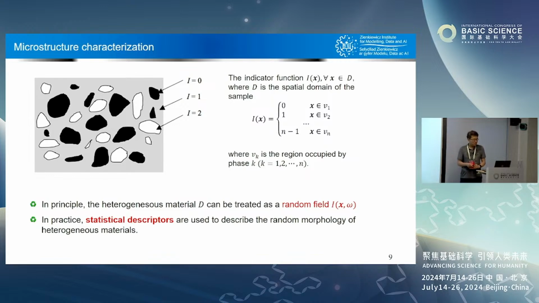So in practice, what engineers and researchers have been doing, without thinking too much about the random field, is they introduce so-called statistical descriptions to capture, in a finer manner, the features of microstructure morphology. So what is statistics?